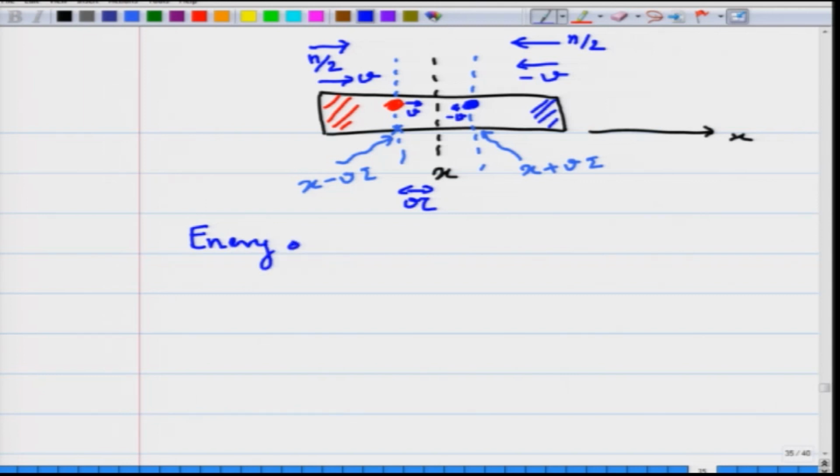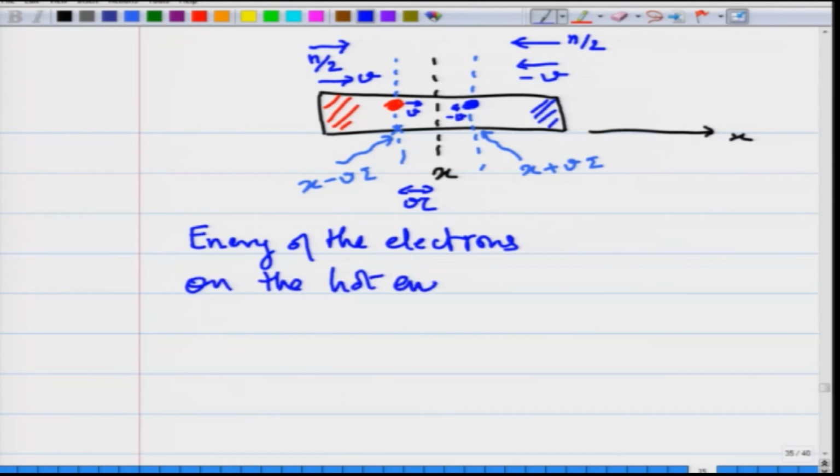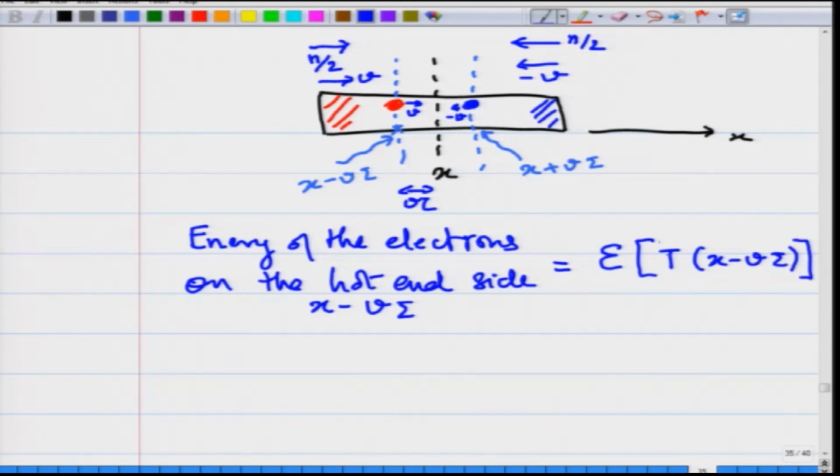The energy of the electrons on the hot end side at x minus v times tau is determined by the temperature at x minus v times tau.